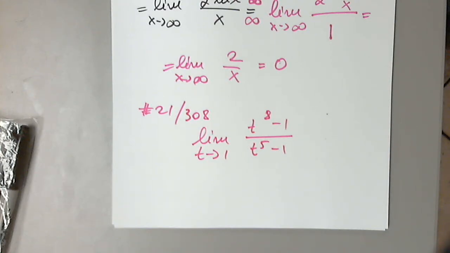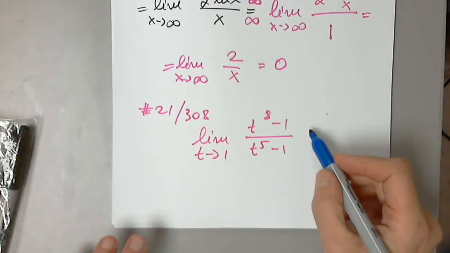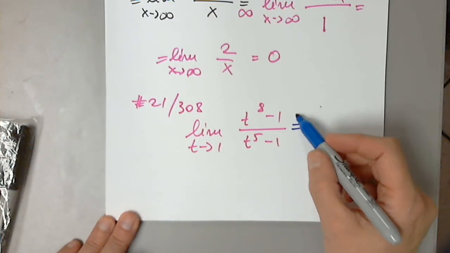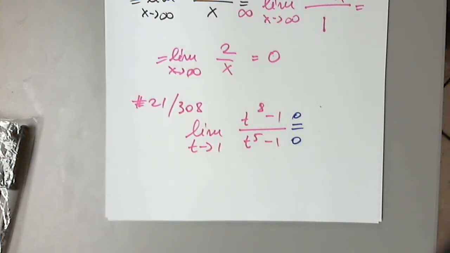Not having L'Hopital's rule as a tool, the only option would have been to factor. You don't want to factor either one. I mean, the top is okay, but okay. So when we plug in 1, what do we get? Right, and that's nice because 0 over 0 or infinity over infinity, we can use L'Hopital's rule.